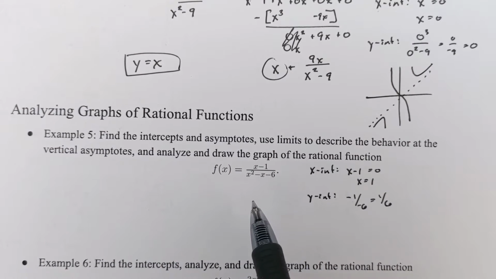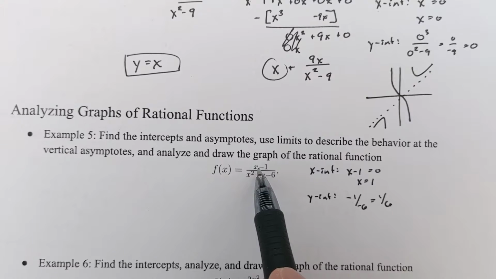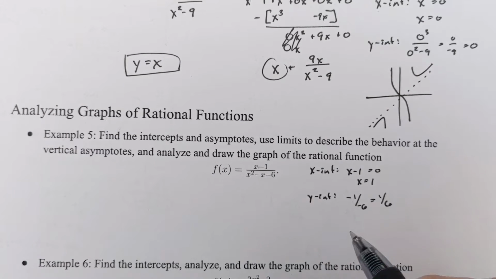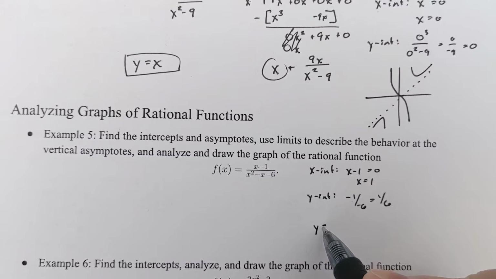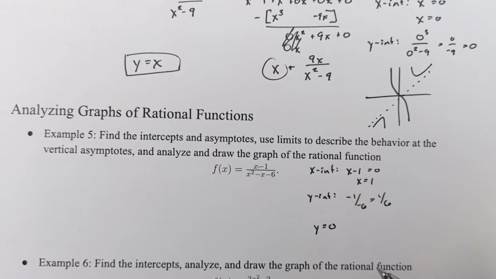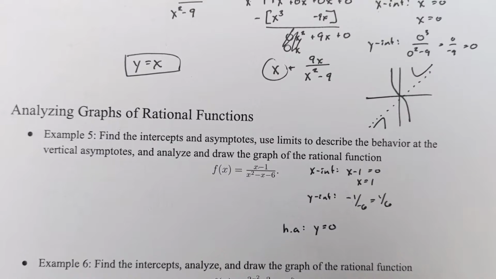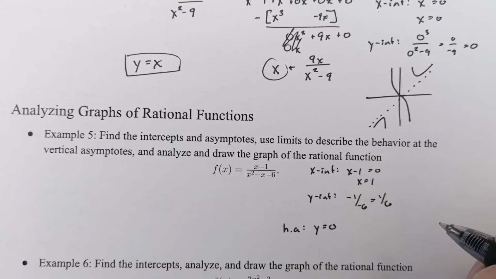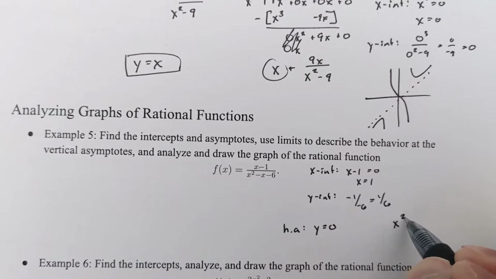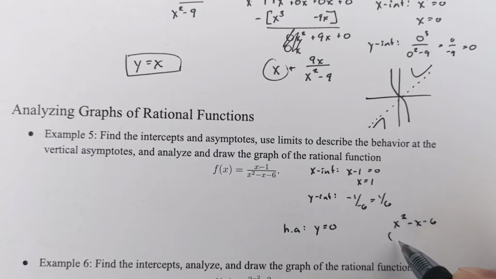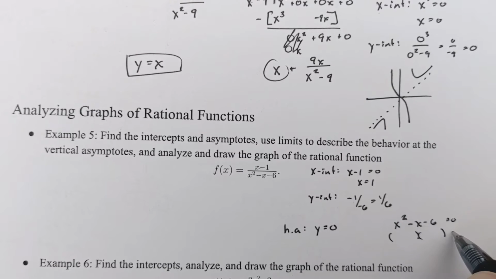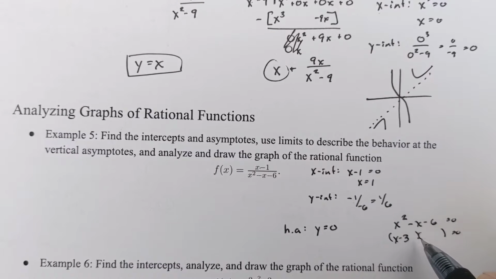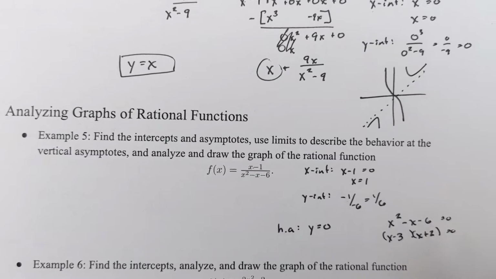So for the asymptotes, in this case the degree of the numerator is less than the degree of the denominator. So I'm going to have an asymptote at y equals 0, because that was from the previous page. That is the horizontal asymptote. To find the vertical asymptotes, I need to set the denominator equal to 0. So x squared minus x minus 6 is factorable. That's x minus 3, x plus 2. You can do the quadratic if you want.